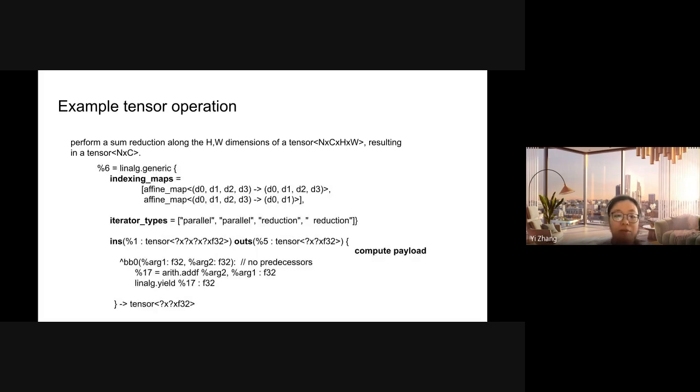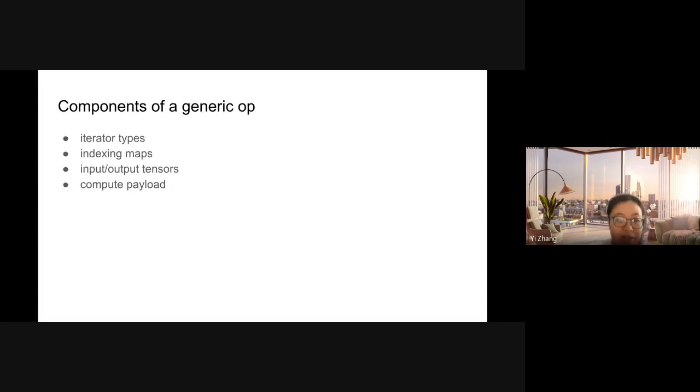The corresponding Linalg.generic op in text form would look like this. There are mainly four components: the indexing maps, iterator types, input and output operands, and the compute payload. I will go into detail to explain each of these components one by one.